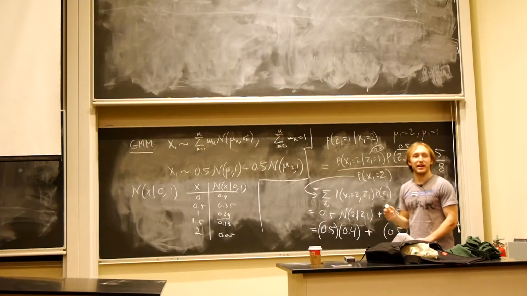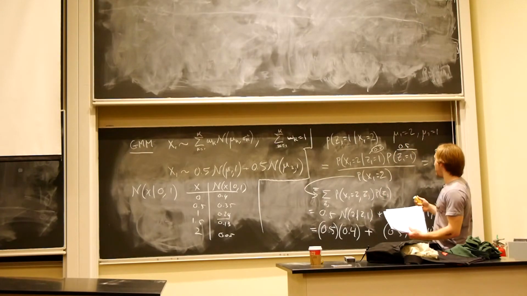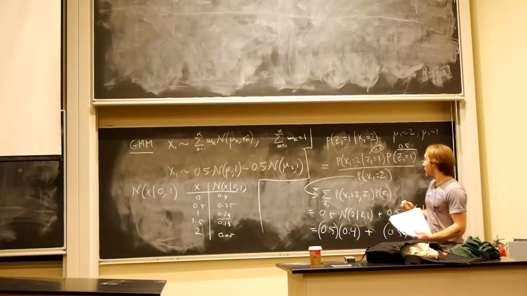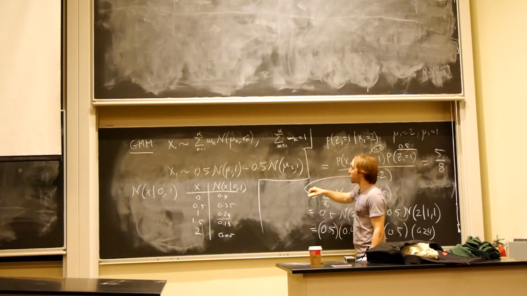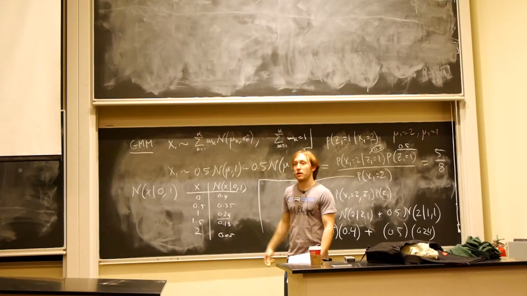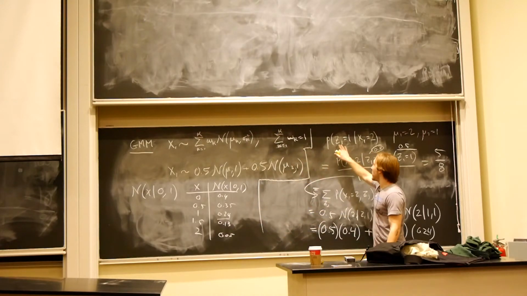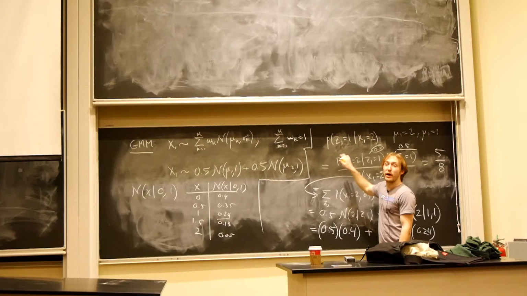I don't know if that's the value that some of you got, but hopefully it is. Now if we want to do the same calculation for the probability that z1 equals 2, because we know these probabilities should sum to 1, we can just do 1 minus 5/8.